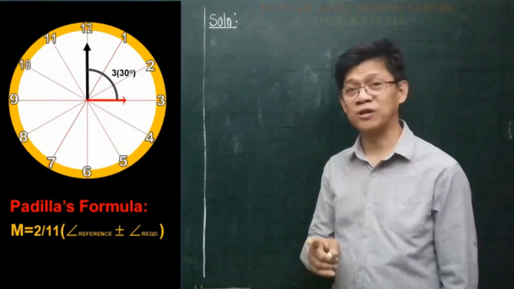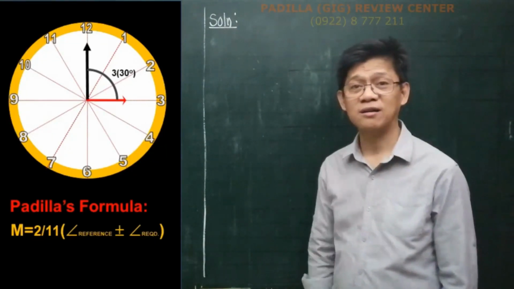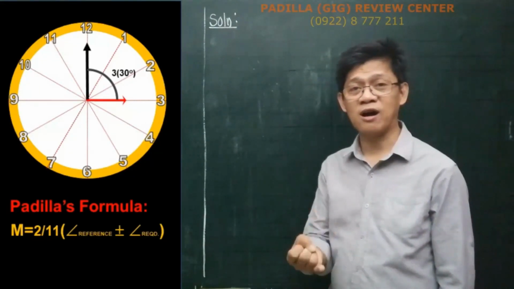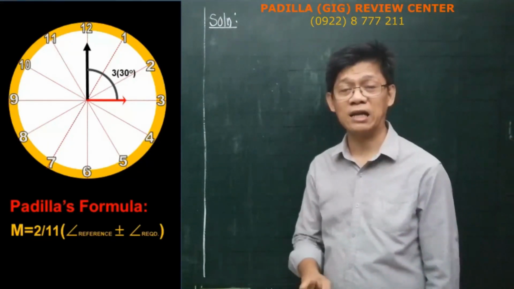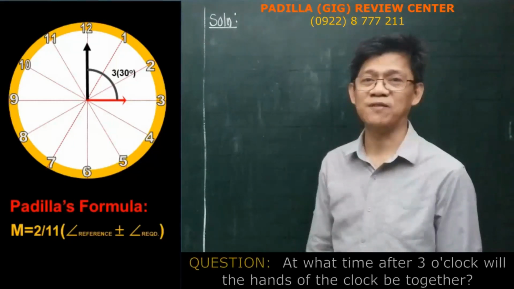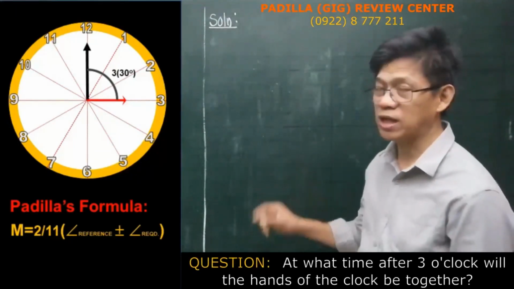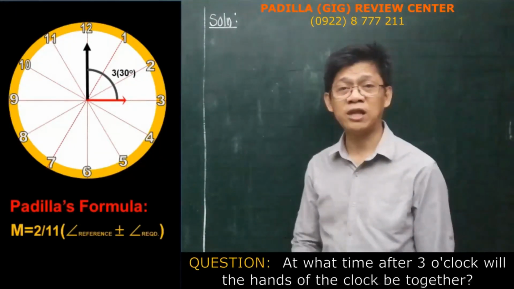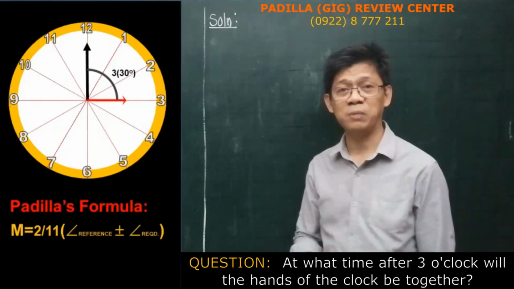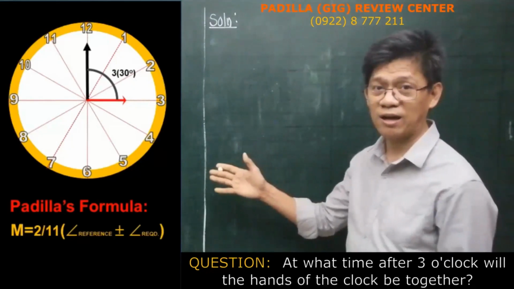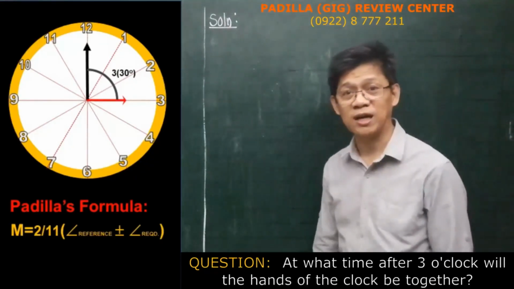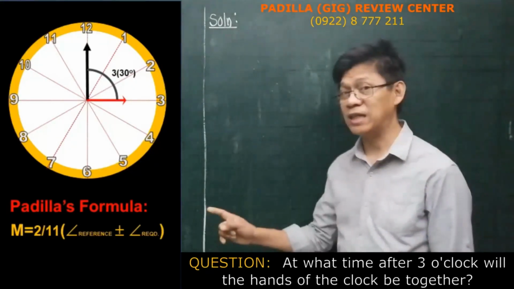Whenever you encounter the phrase, hands of the clock, we are referring only to the hour and the minute hand. The second hand will not be considered unless and except specified. The question is, at what time after 3 o'clock will the hour and minute hand be together? So, at 3 o'clock, of course, the angle between the hands of the clock is 90 degrees.